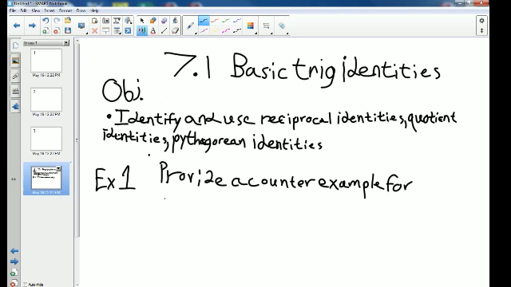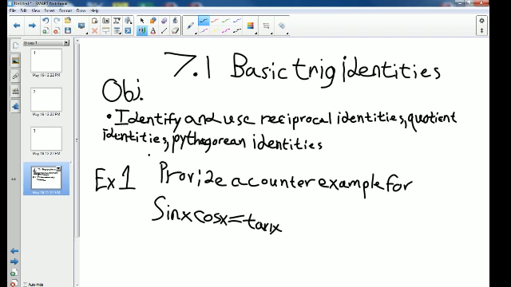For sine x times cosine x, which will then equal tan x. So we're trying to provide a counterexample for this identity right here.